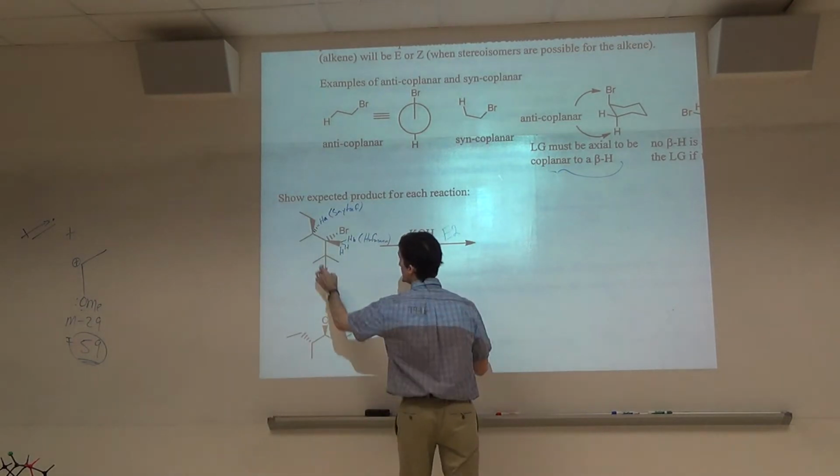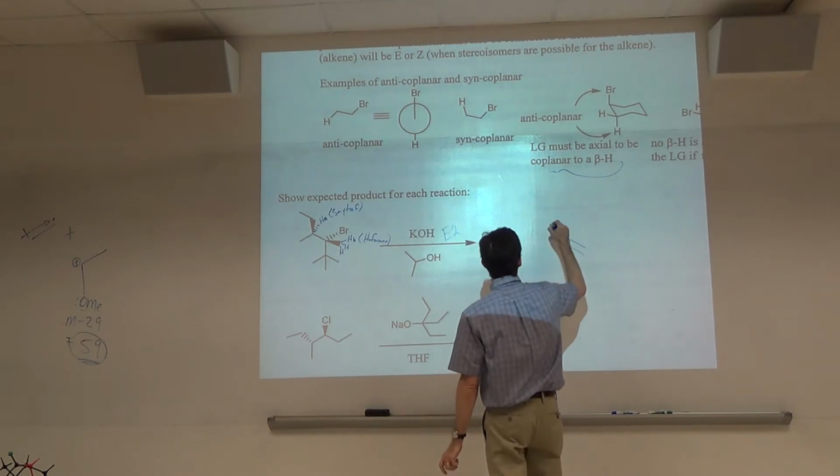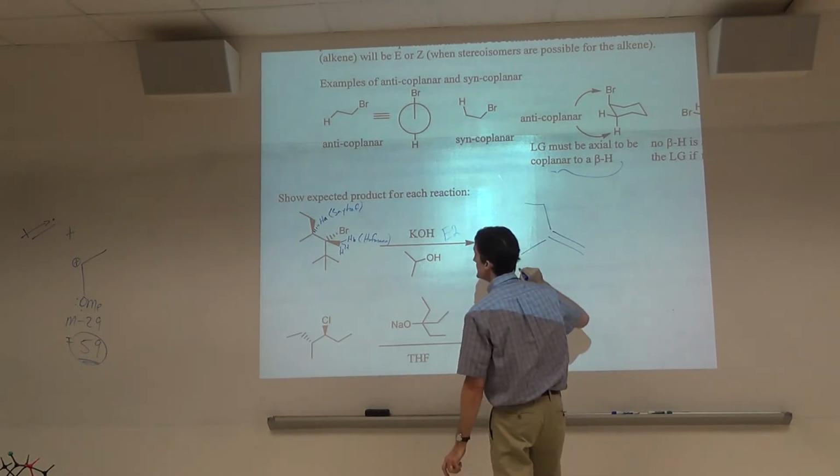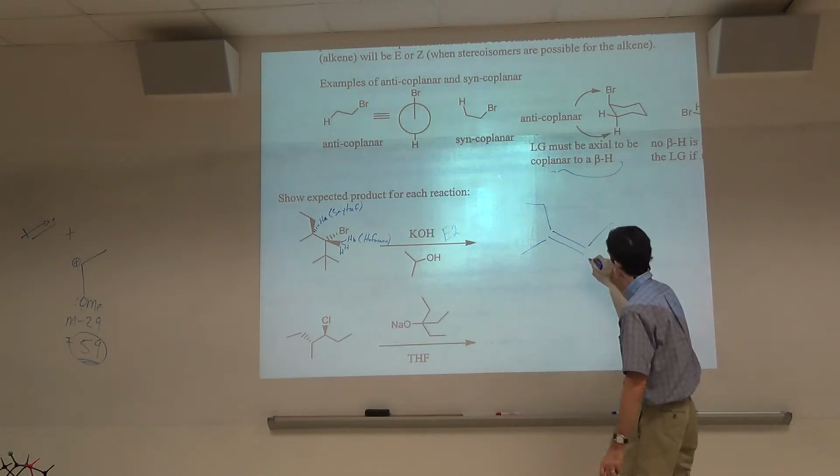So I'm putting a double bond between there and there. That has an ethyl and a methyl, and this has a methyl and a t-butyl.